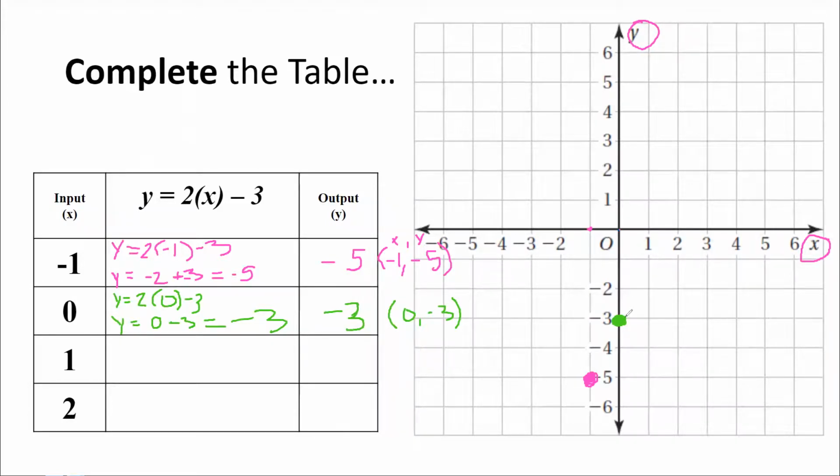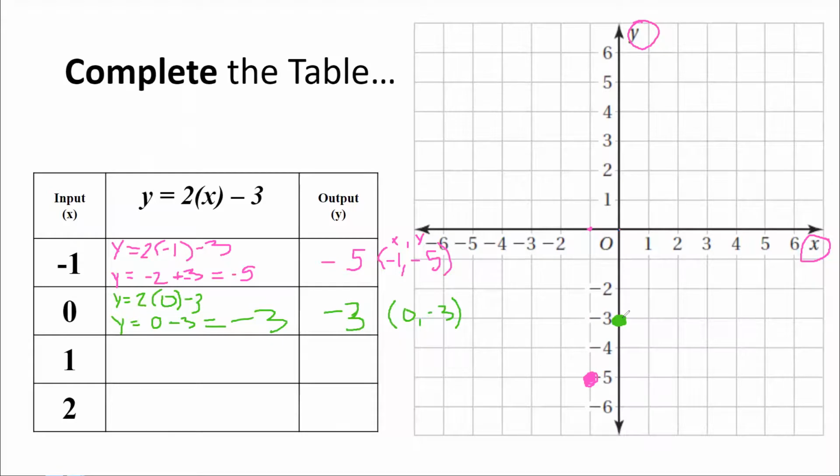So now that I have 2 points, I can make a prediction on where I think my third point is going to end up. If I'm looking at this and I'm thinking about slope right now, slope is rise over run. So how many am I going up and how many am I going over? So I'm going up 1, 2 spaces, and then right 1 space. So let's make a prediction.